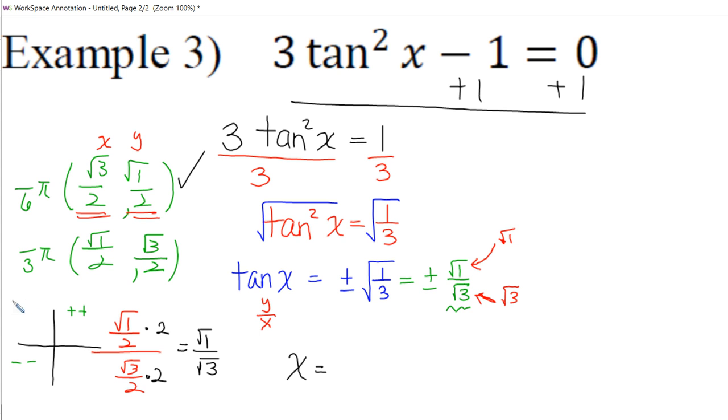So this will give us positive tangents. And the other one will give us the negative tangents. So we need all 4 of them, and this will become pi over 6, 5 over 6 pi, 7 over 6 pi, and 11 over 6 pi.